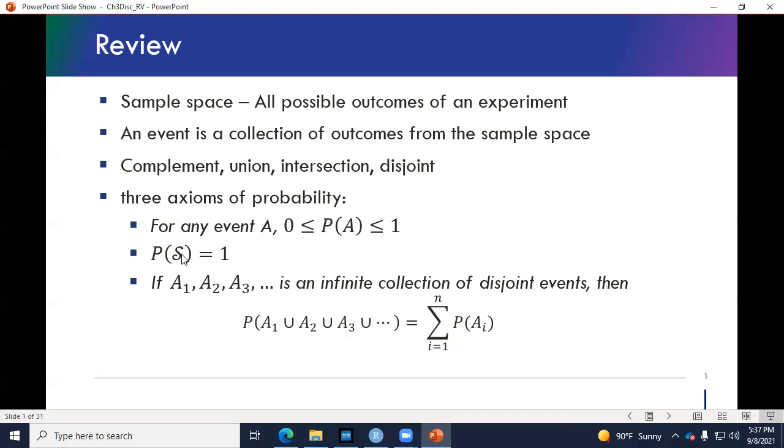So the probability of it would be strictly 1. If this event A1, A2, A3, etc., is an infinite collection of disjoint events, then the probability of their union, since they are disjoint events, would be a summation of their individual probabilities.